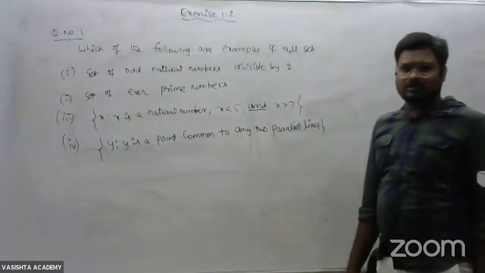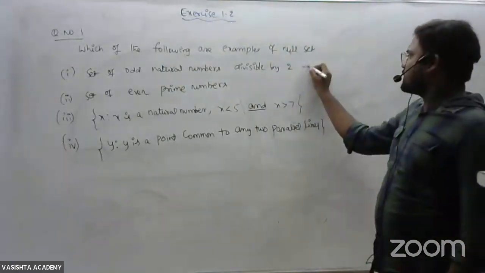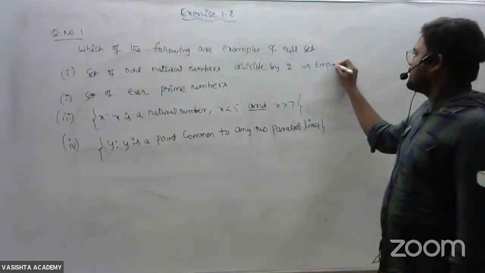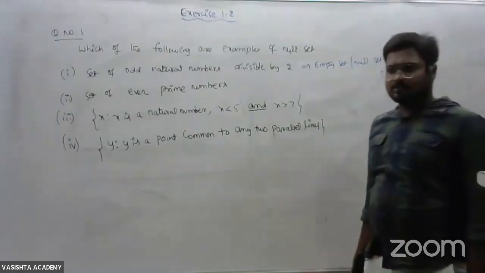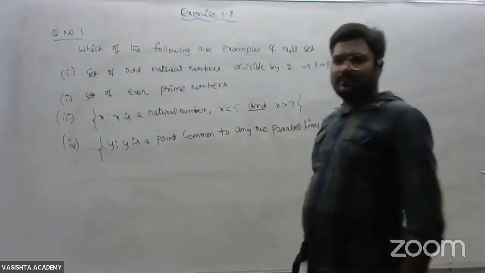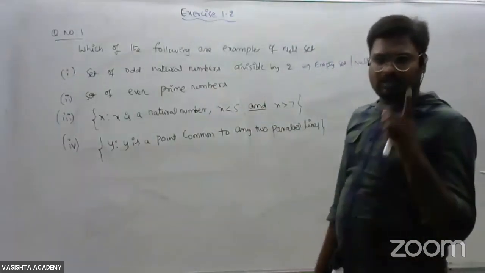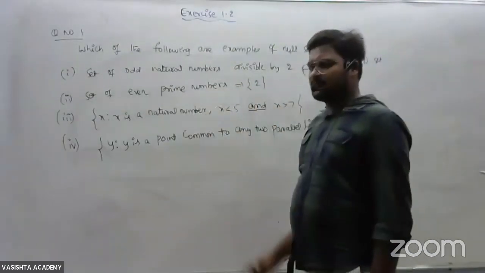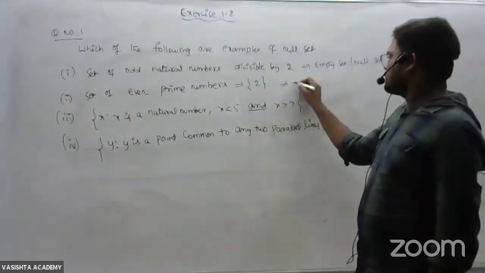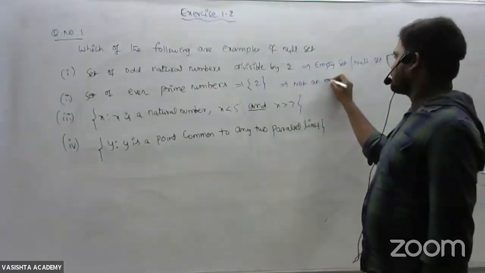Odd natural numbers are not divisible by 2. So definitely this is empty set or null set. Is it correct? Set of even prime numbers. Yes, one element is there. What is that? 2. 2 is an even prime number. So this is not an empty set.